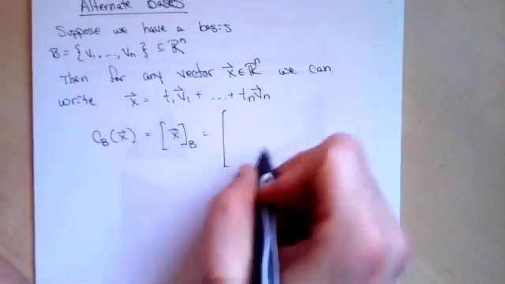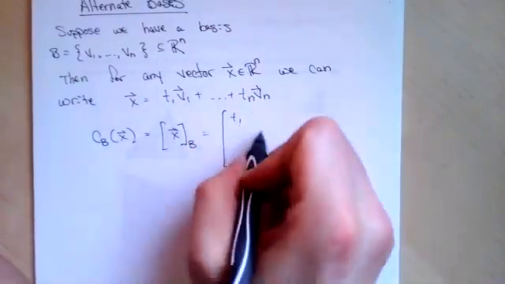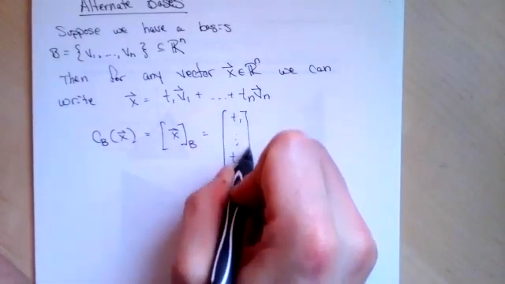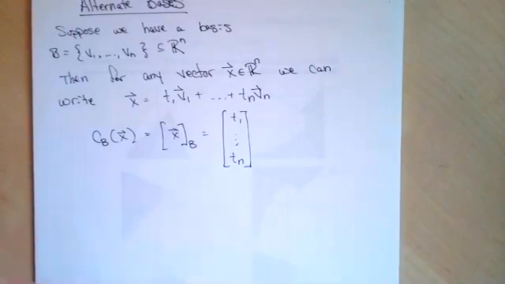And then essentially what we want to do is list those coefficients in our column vector.